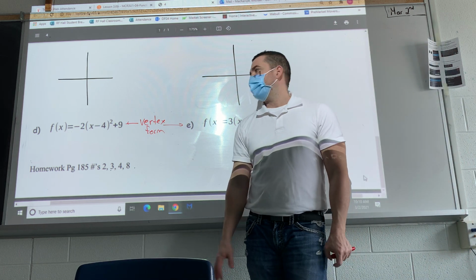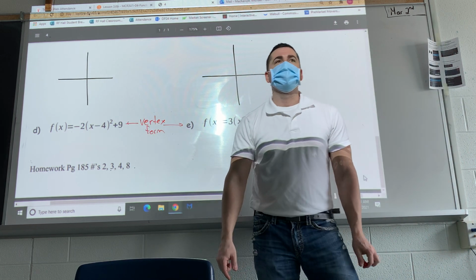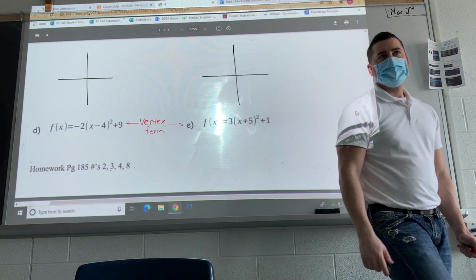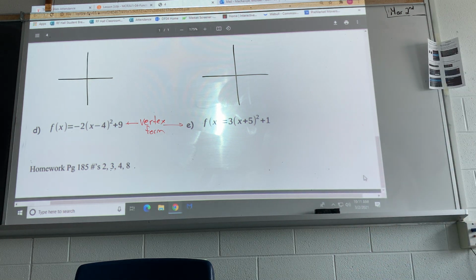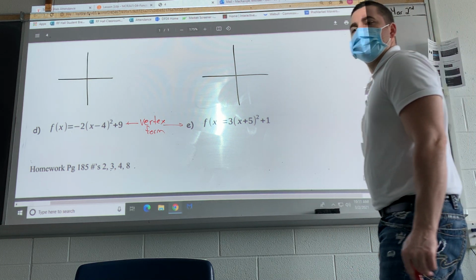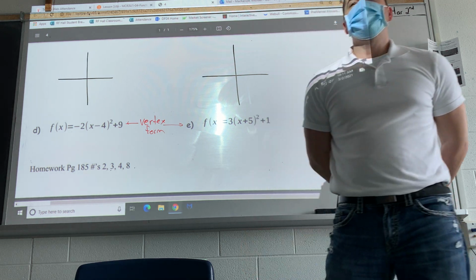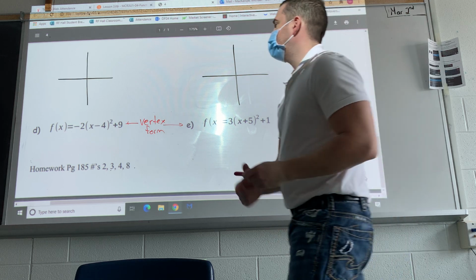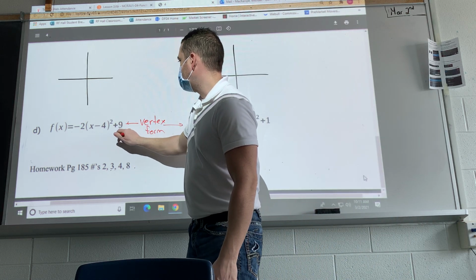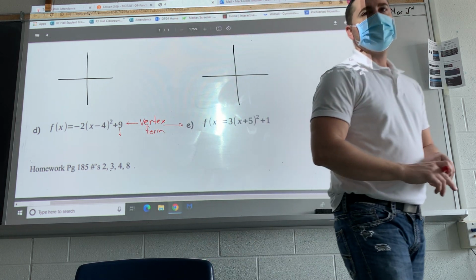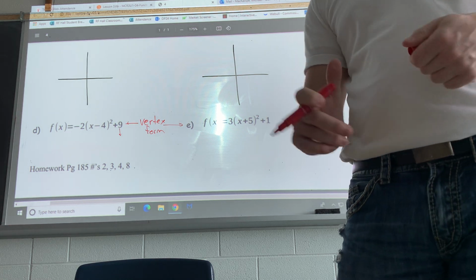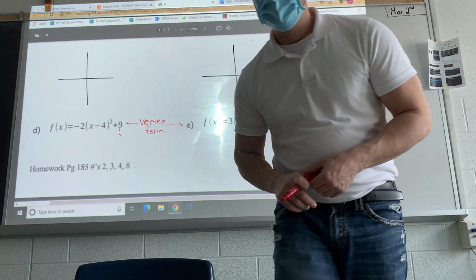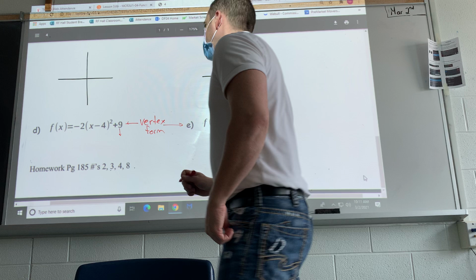If you guys remember last year, what numbers tell us where the vertex is? You guys can answer at home as well. The C value is 1, yes, this is part of the vertex. The D and C, good.